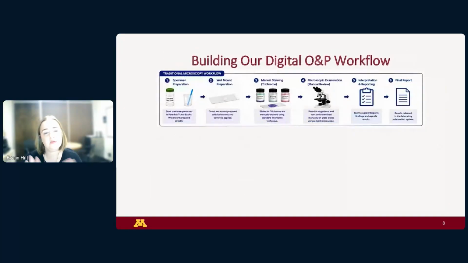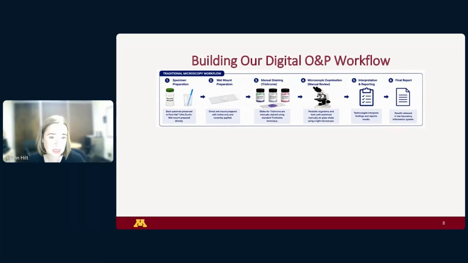So let's review how we looked at building our digital workflow by seeing what our traditional workflow looked like. For many of our microbiologists who may be viewing this, this could be familiar, but for those of you who aren't familiar with ova and parasite exams, this is how our traditional microscopy workflow works. We have our stool specimen. We make a wet mount preparation with iodine only and add a cover slip.